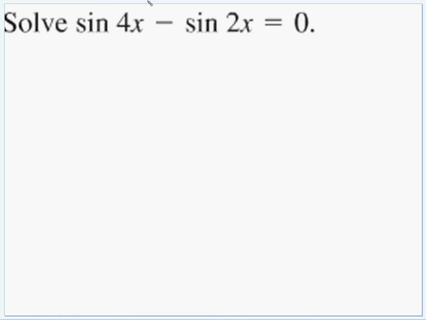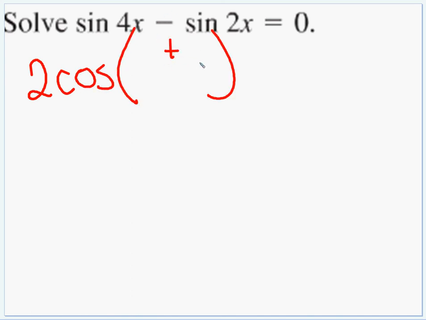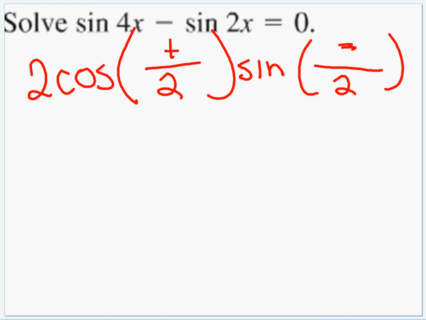All right, if you go to the sine minus sine formula, it is 2 cos of the sum over 2 times the sine of the difference over 2.